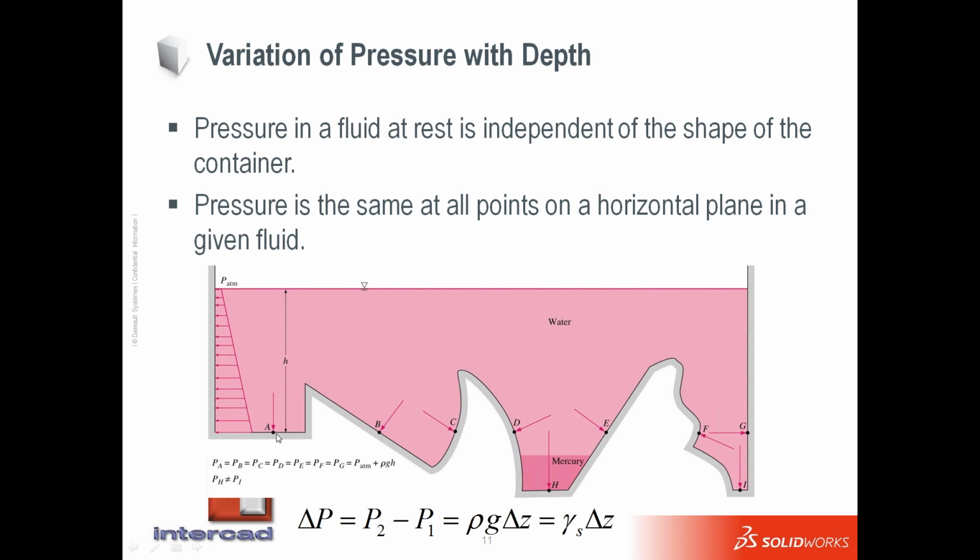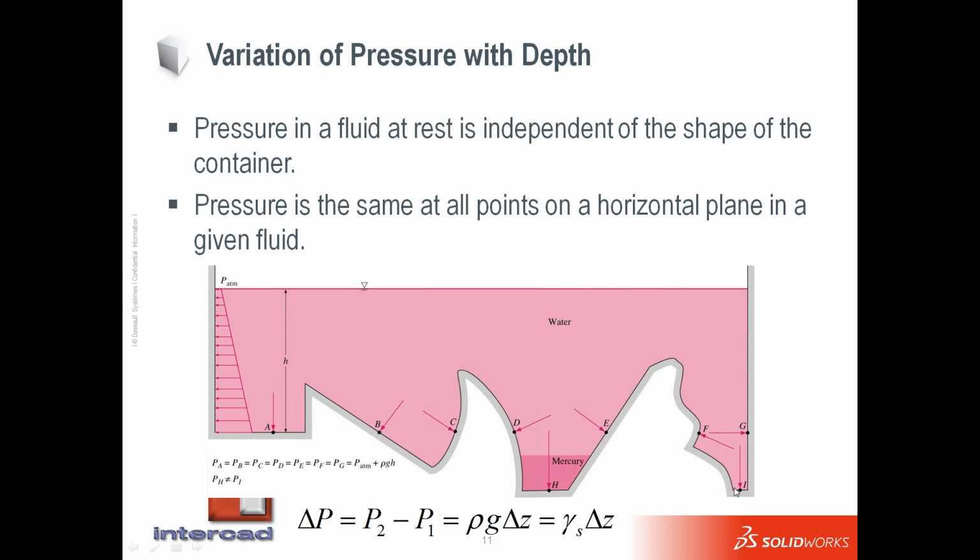Therefore, we can say points A, B, C, D, E, F, and G, as they are all at the same level with the same material, have the same pressure, regardless of the container shape. The distance from the reference surface is the same.